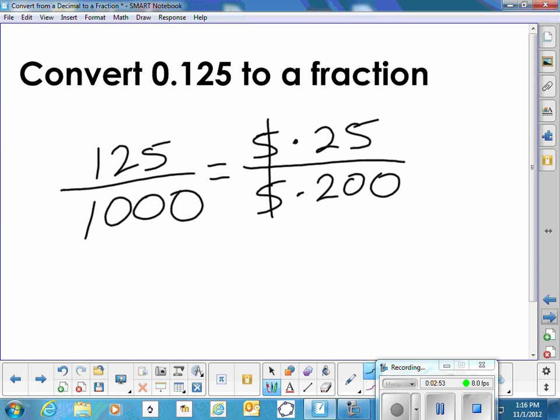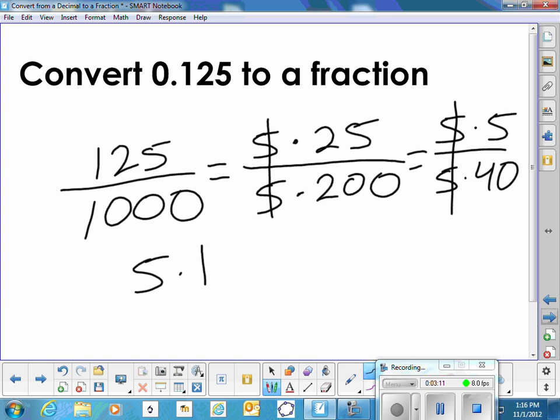So 25 over 200, let's reduce that. Let's factor it to 5 times 5 over 5 times 40. I'm dividing the 200 by 5. 5 over 40, well, I could write that as 5 times 1 over 5 times 8.